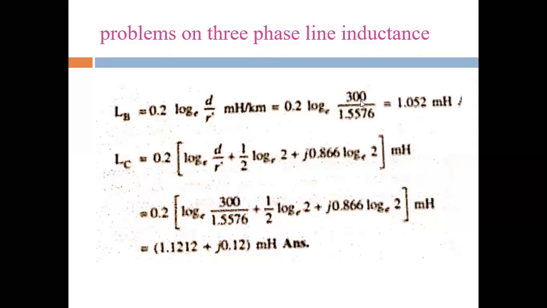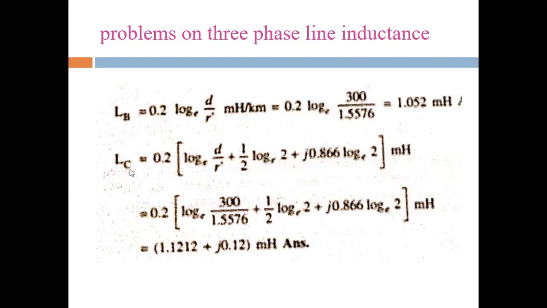That is equal to 3 meters. Then it will be converted into centimeters, that is 300. 300 by R dash. R dash is the geometrical mean radius, GMR, that is equal to 1.5576. Okay, this is the LB, that is the inductance of conductor B.